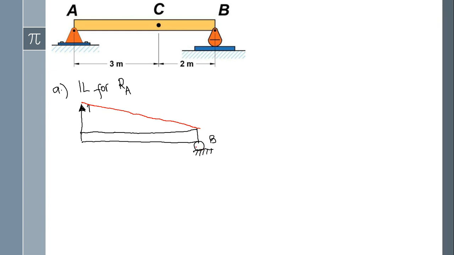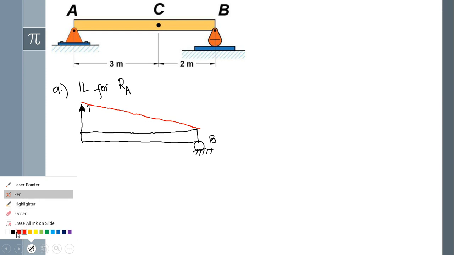So when we apply the 1 unit load on the other side, at the free end, this is the shape that results. Since this is the shape, this is our influence line for RA.